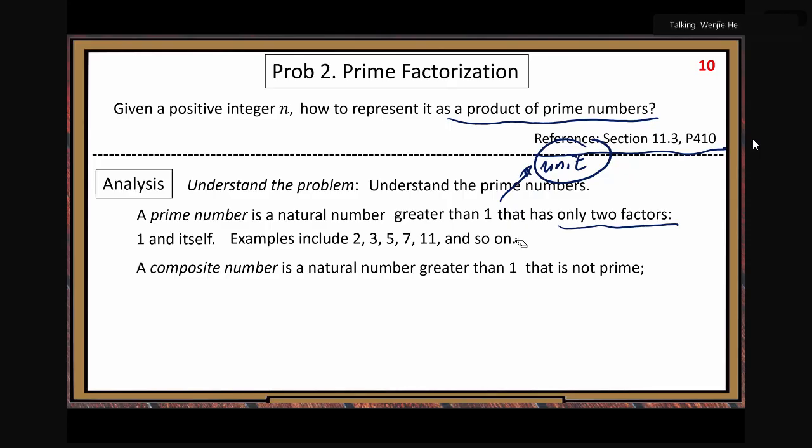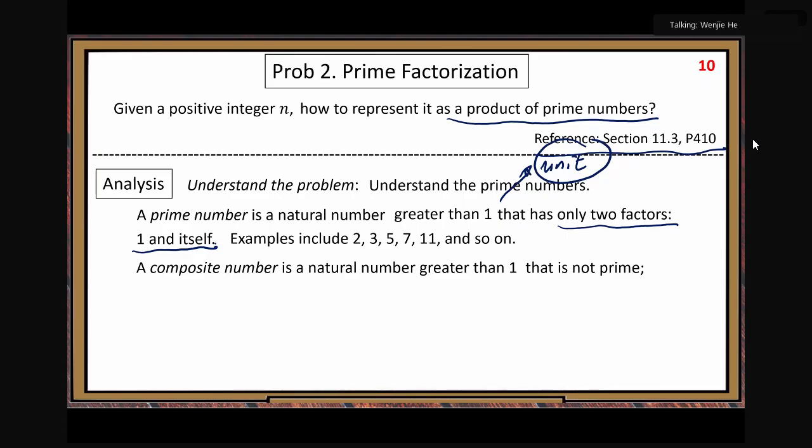Each one is either a prime number or a composite number. If it's not a prime number, then it must be a composite number. That means if you look at the factors, other than 1 and itself, a composite number should have at least another factor between 1 and itself.